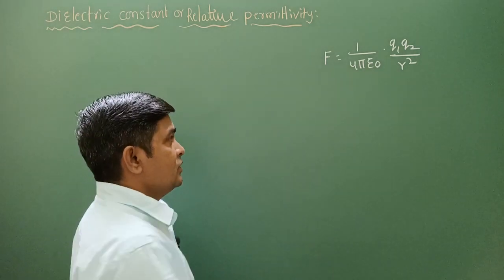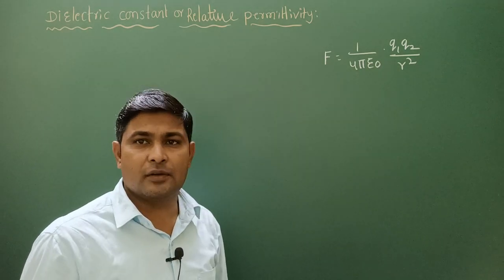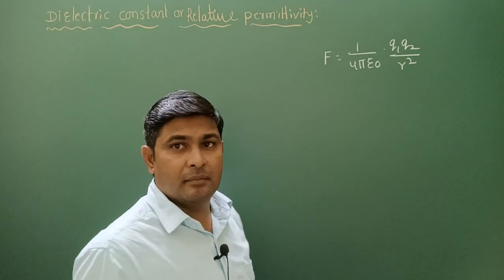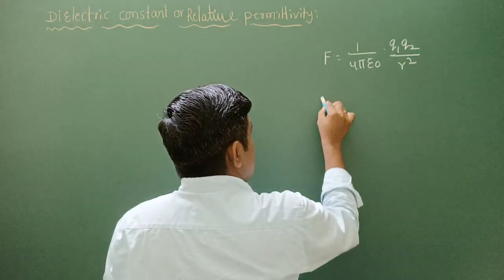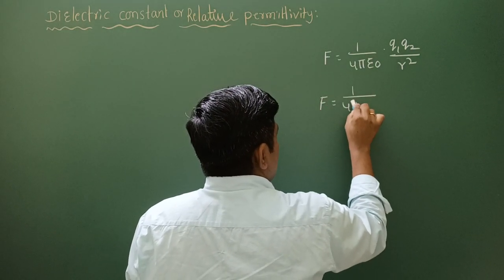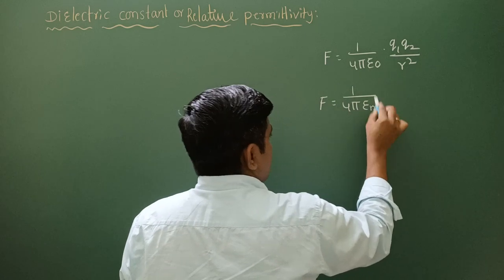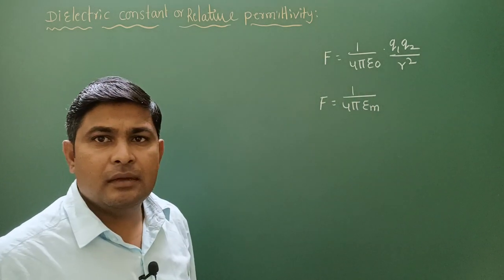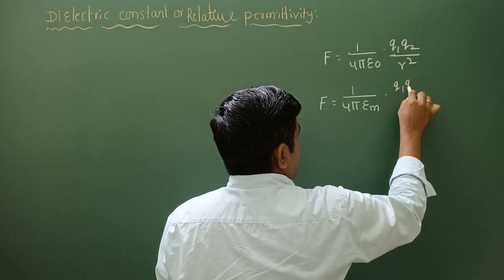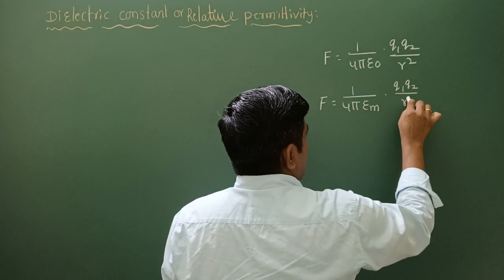Similarly, if the same two charges are placed in a medium, what is going to be the force? F equals 1 by 4 pi epsilon m, that is the permittivity in the medium, into the product of charges q1 q2 by r square.